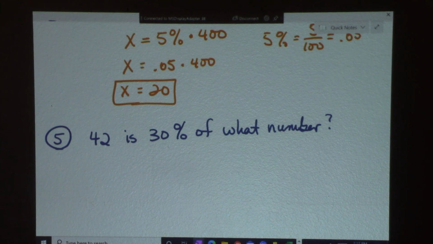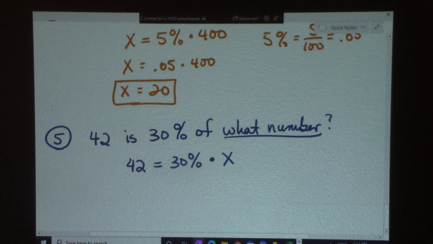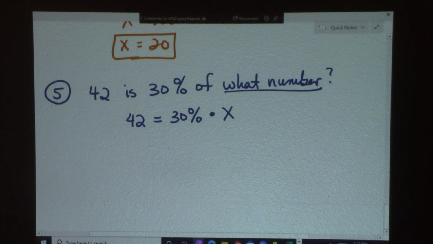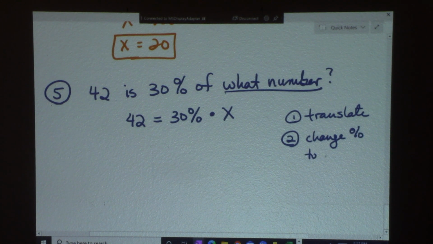Okay, so let's convert this. So I'm going to change to math. So I have 42 is 30% of, and when I don't know something, I use X. So the first thing I do is translate. The second thing I do is change percent to a decimal.